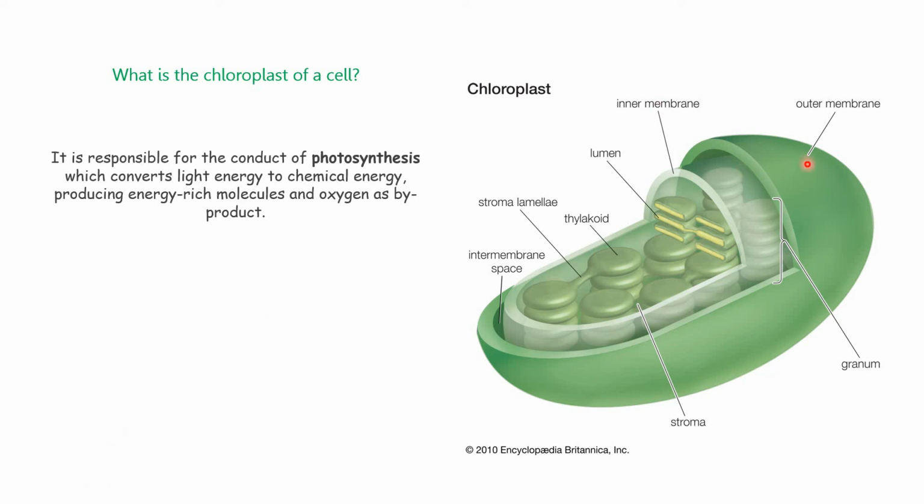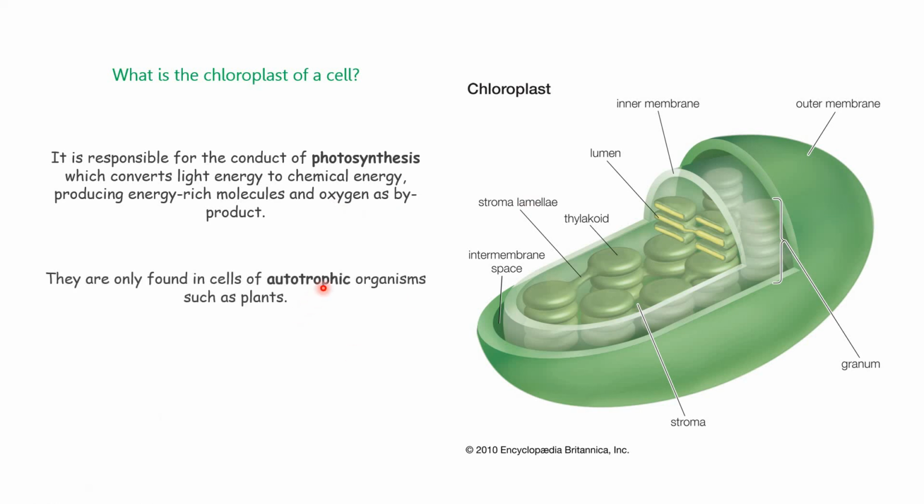Ang gusto talagang gawin ng plant cell is to harness light and produce energy, chemical energy. That's why ang pinaka gusto talaga niya output is energy-rich molecules. Ngayon, yung oxygen is just produced as a byproduct.